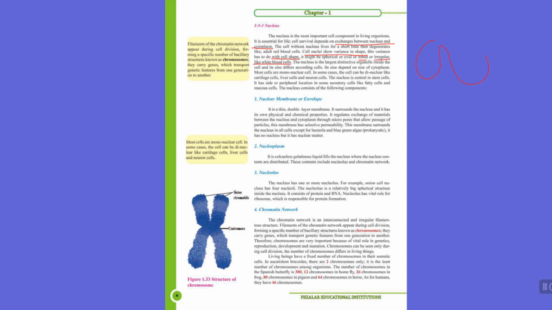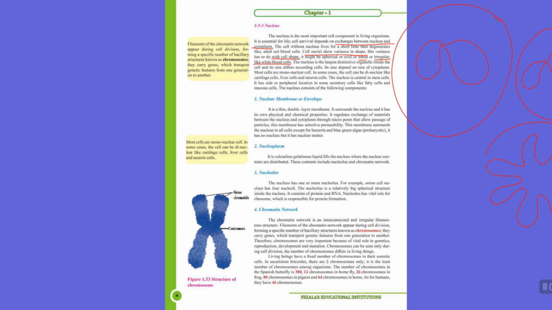Lobed we can see in the shape of a cell with a nucleus of that shape, or sometimes not only two lobes, maybe three lobes, in some kinds of white blood cells, we will see them. Irregular in shape is in some cells we're going to study in connective tissue.